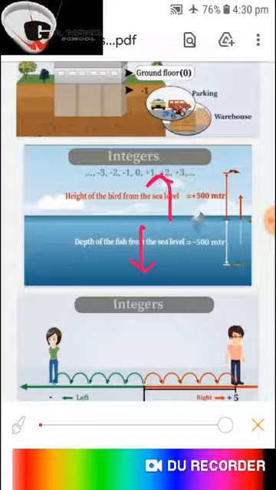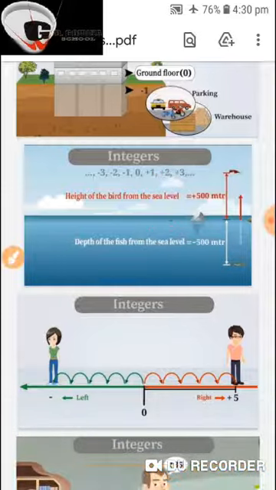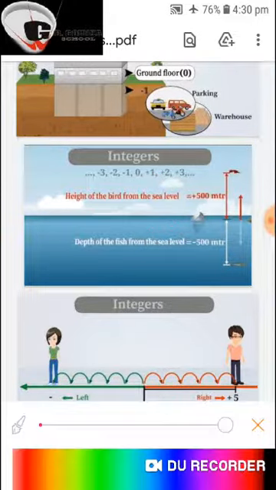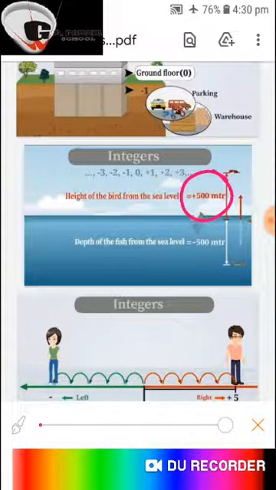We can represent their distances mathematically as the distance of the bird from the sea level is plus 500 meters. Here this plus represents the height above the sea level. And the depth of the fish from the sea level is minus 500. Here minus represents below, that's the depth.